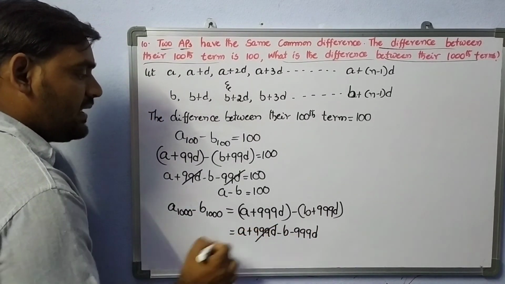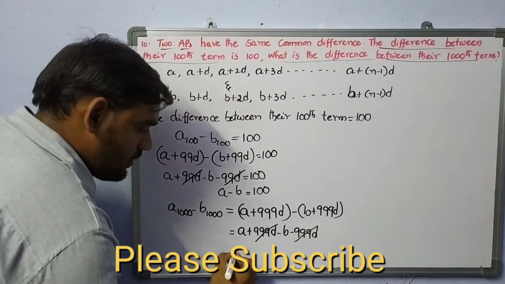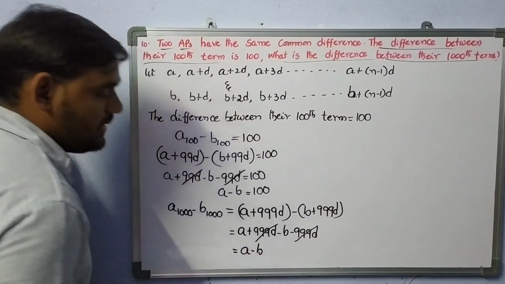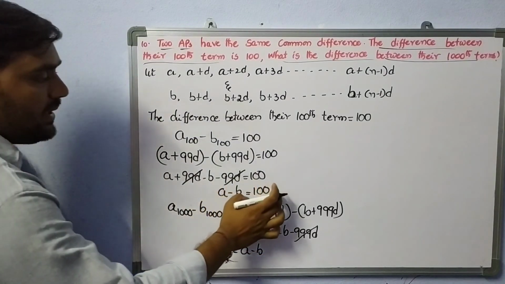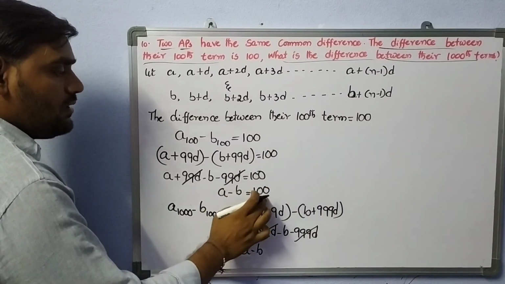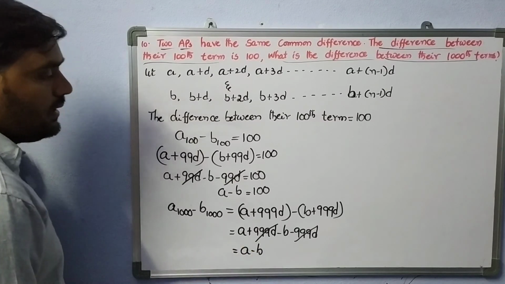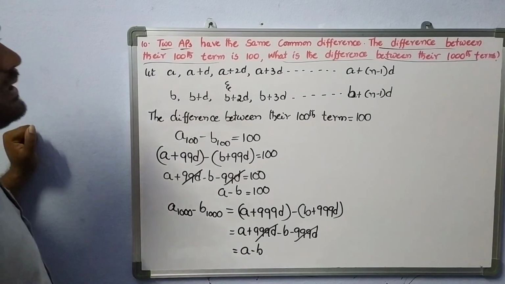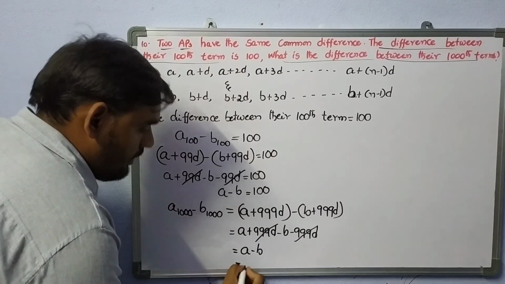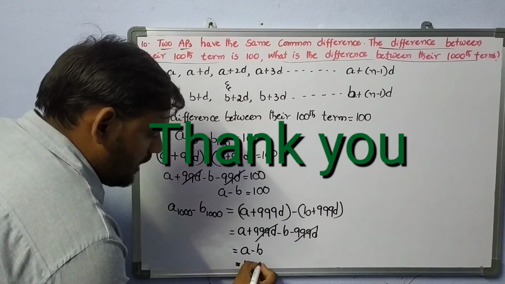So plus 999d minus 999d gets cancelled. So we got here a minus b. So what is the value of a minus b? In the previous part, a minus b is equal to 100, we got. So here also a minus b is nothing but 100 only.